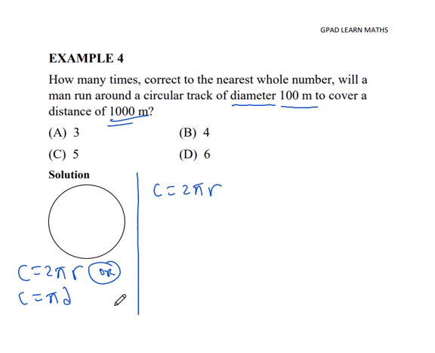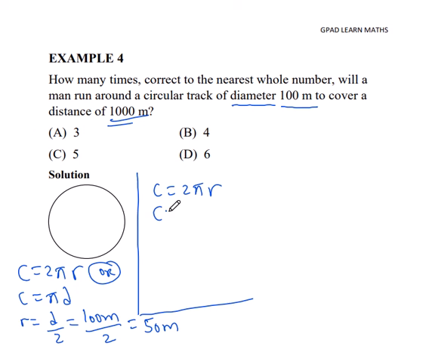The radius is equal to diameter over 2, and the diameter here is 100 meters. So 100 meters divided by 2 is 50 meters. It means that the radius of this circular track is 50 meters.